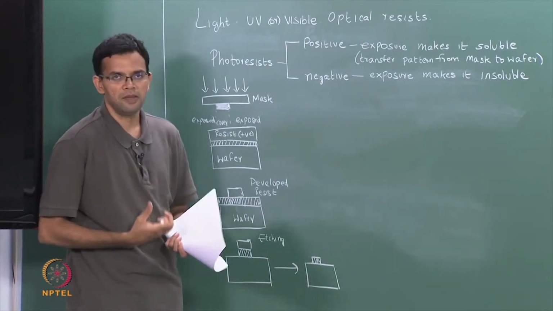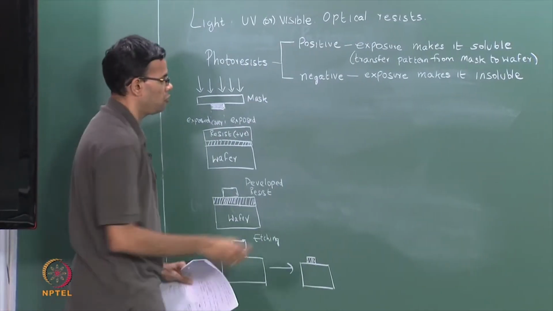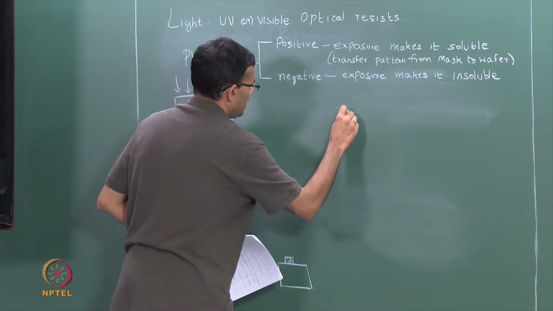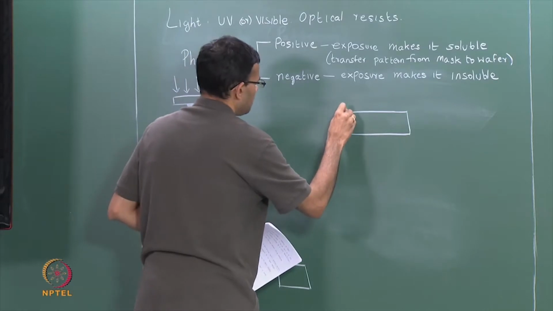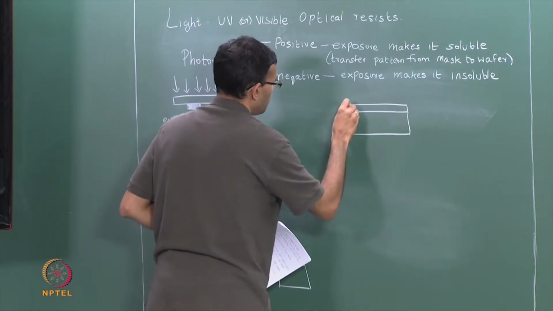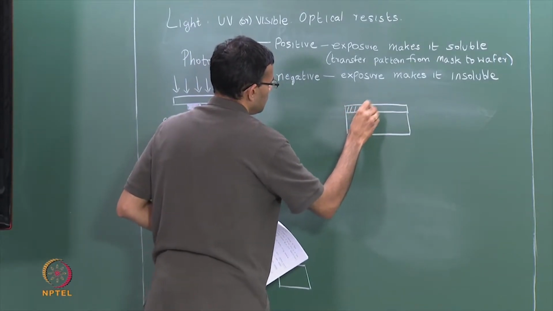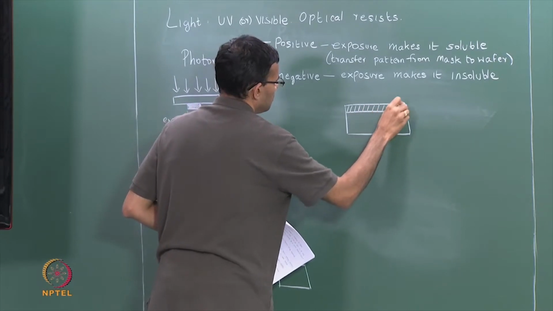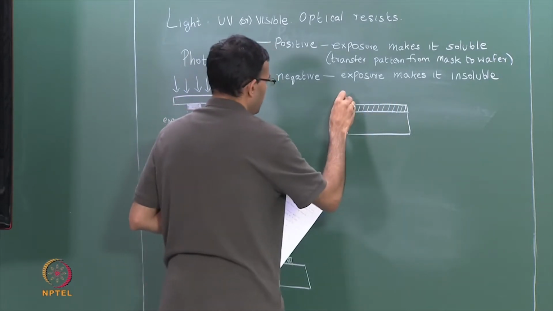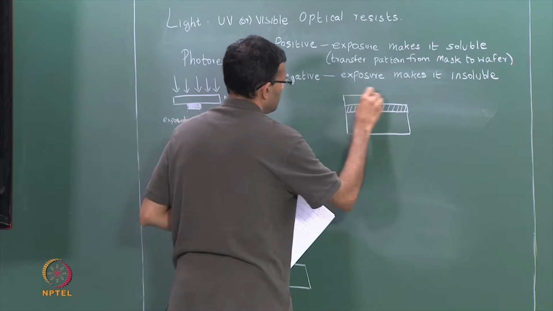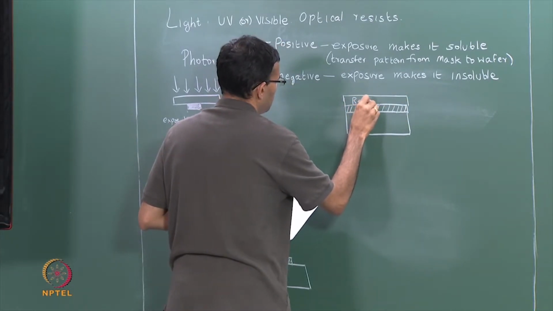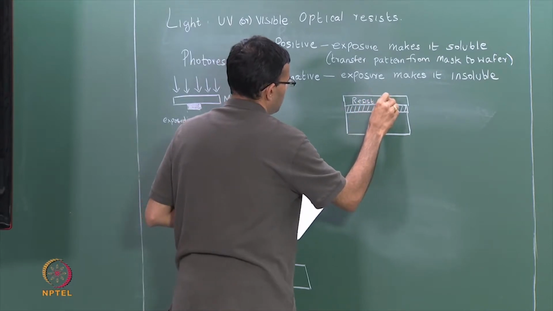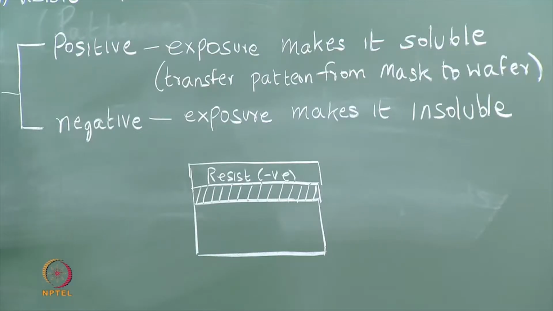So, we can do the same thing with a negative photoresist. Once again I have my wafer, there is an oxide layer on top, we apply a resist, but now we have a negative resist.